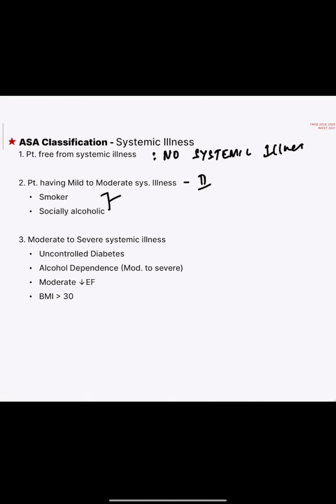Class 3 means what? Patient having moderate to severe illness. He is obese. He is having a moderately reduced ejection fraction. Or he is having diabetes which is not under control, that is, uncontrolled diabetes and moderate reduction in the EF and all. Those patients come under ASA class 3. ASA class 4. When do you call ASA class 4?